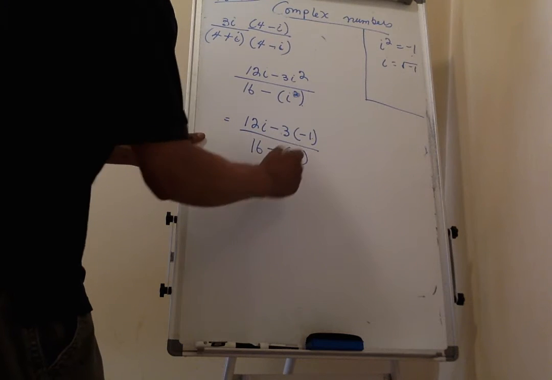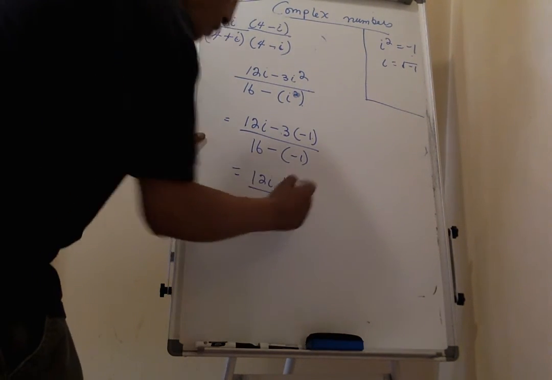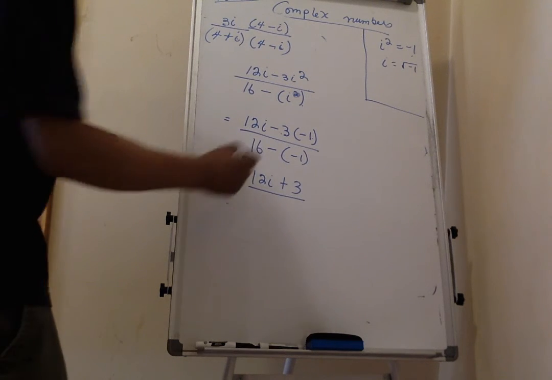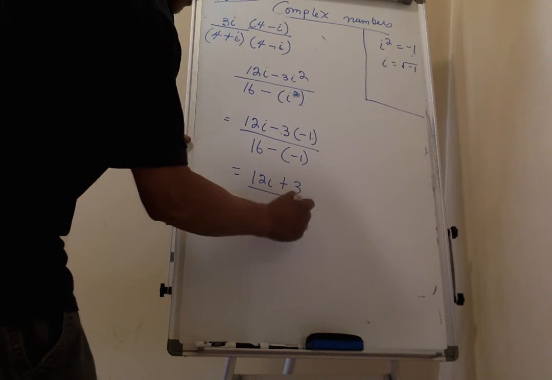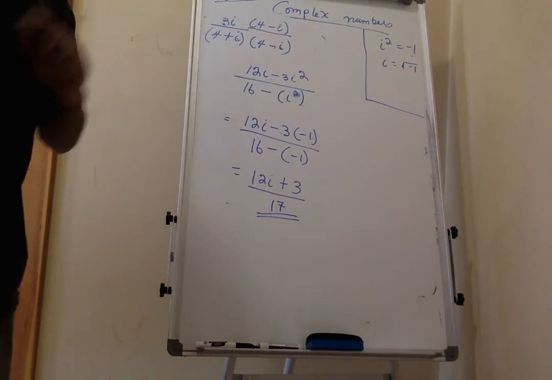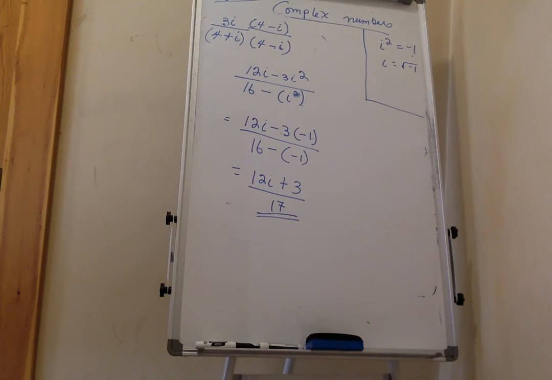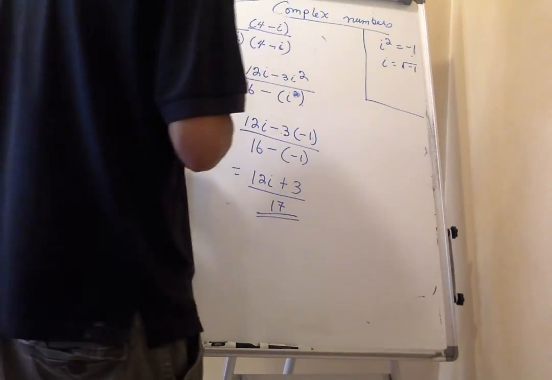Multiply negative 3 by negative 1, you're going to get positive 3. And look what happens to the bottom. 16 minus negative 1 is 16 plus 1, which is 17. That was my task, to change this complex number into a real number. And that's what we mean, divide and simplify a complex number. Always look for the conjugate.